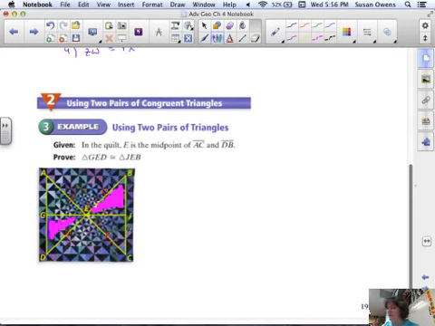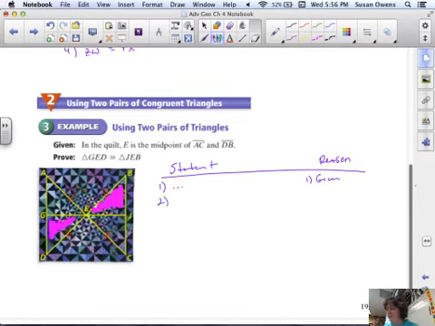So for this one, my first step in this proof is actually going to be proving that the big outside triangles are congruent. Okay.